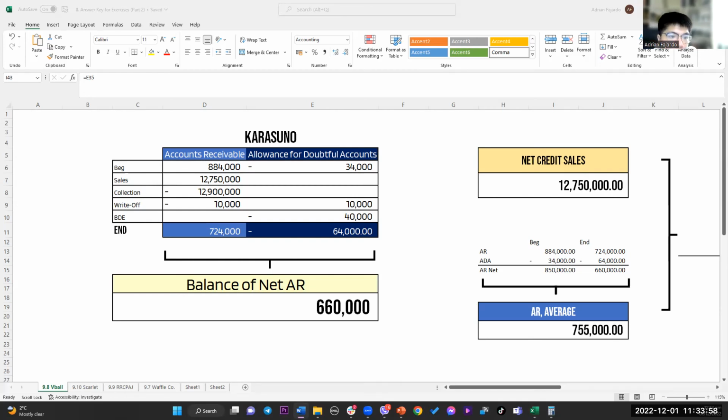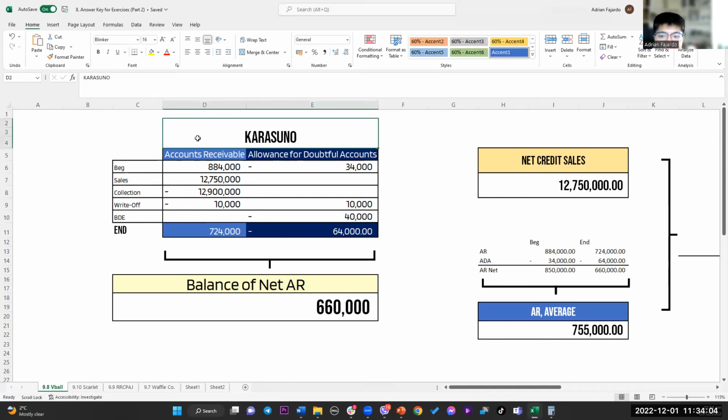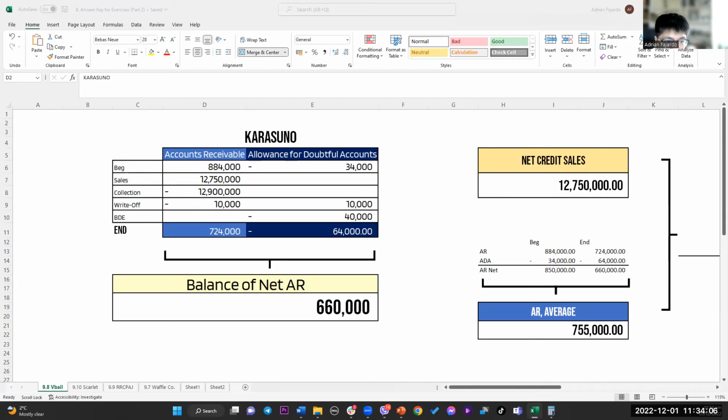Now, my suggestion for everyone is please just make a table rather than just journalizing. Kasi, mas straightforward siya. So, basically, you plug in the beginning 884 minus 34,000 ADA for Karasuno.